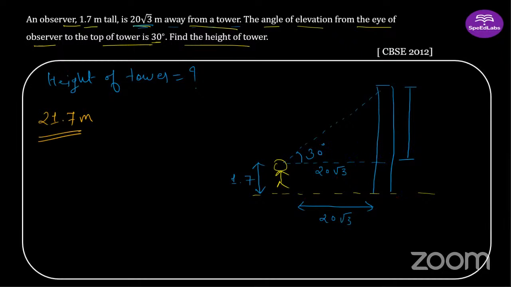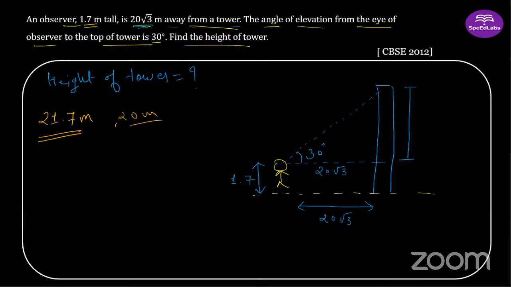Do you find it correct? Let's reread the question. An observer 1.7 meter tall is 20 root 3 meter away. Sir, I'm getting 20. One thing that you are missing, we'll check. Yeah, it's 21.7%. I forgot to add the percent.